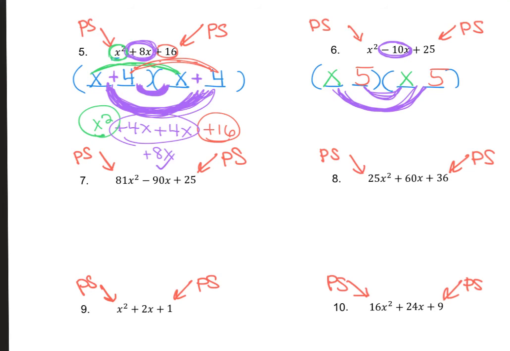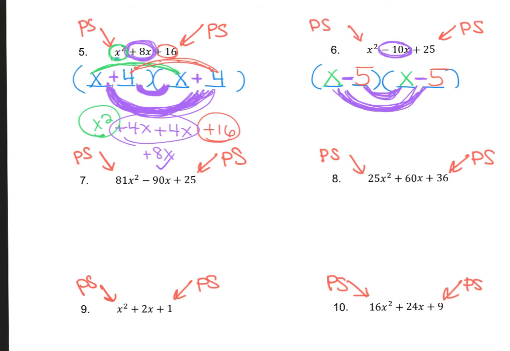What signs do they both need to be? A negative and a negative, right? I get negative 5x here, and I get negative 5x here.